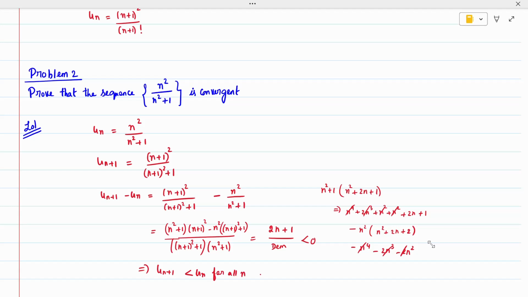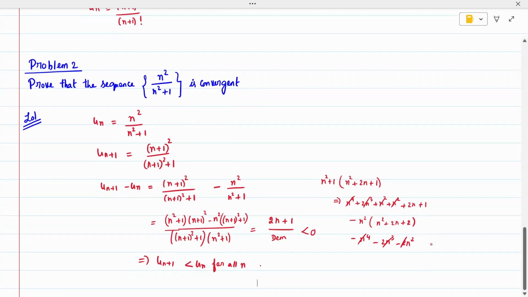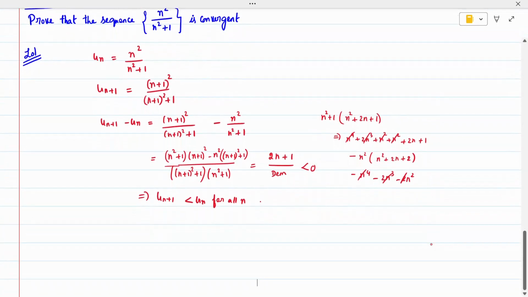Okay, it is monotonic and bounded. Because if this condition is satisfied, now only we have learned the definition for a monotonic sequence. It's a monotonic sequence and it is also bounded.